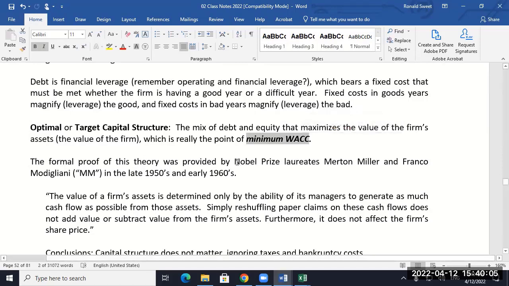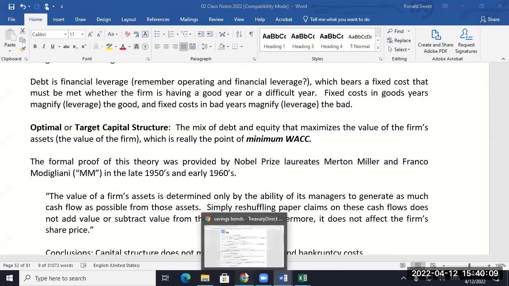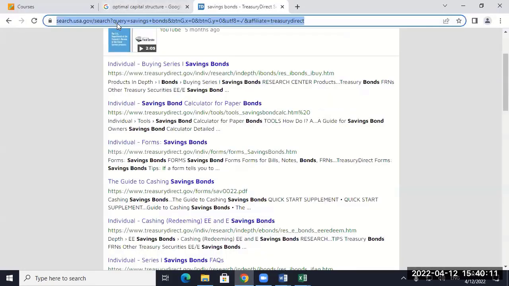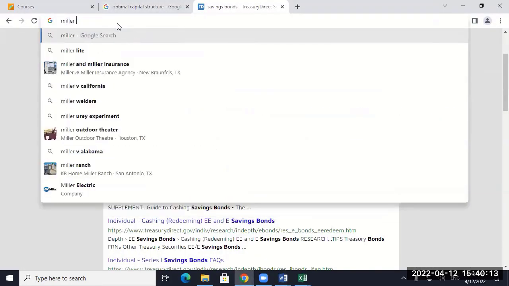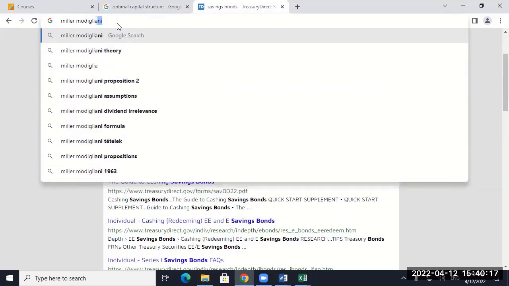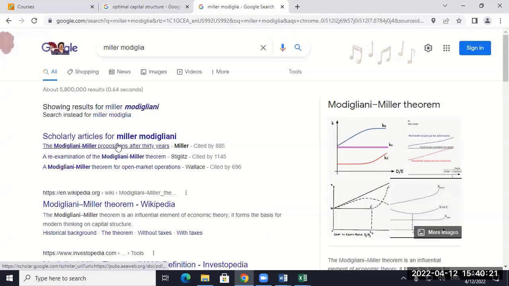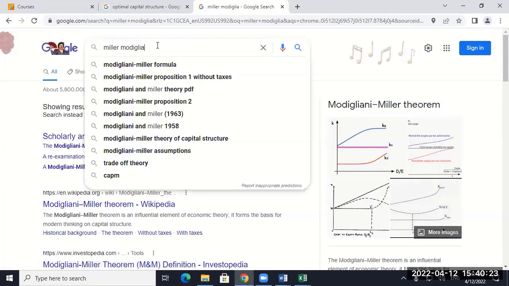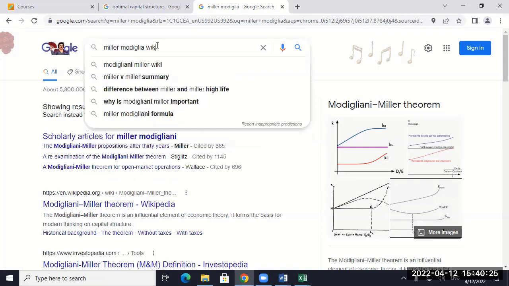And these two Nobel Prize winning people, I think they both have passed away. Franco Modigliani, let me find Wikipedia. I do like Wikipedia better than Investopedia.